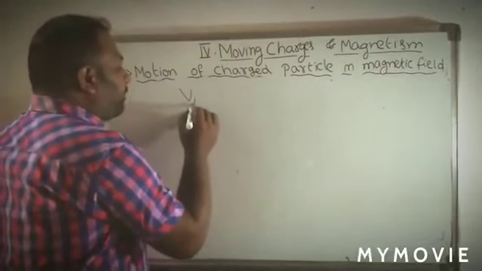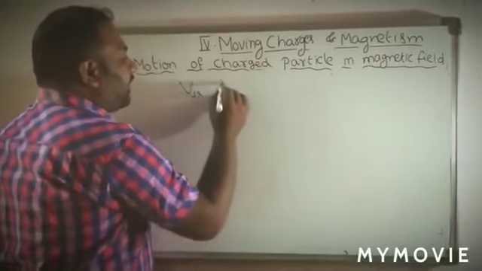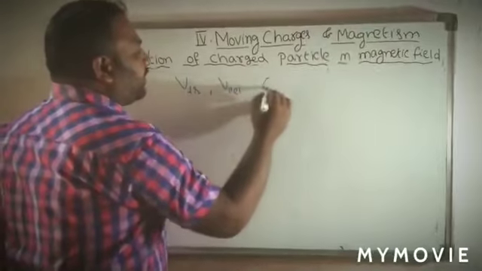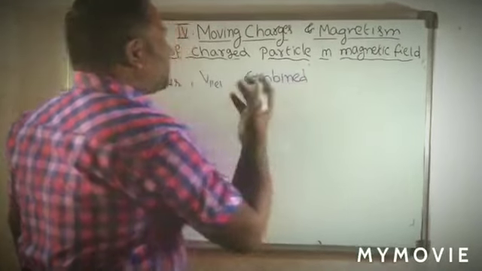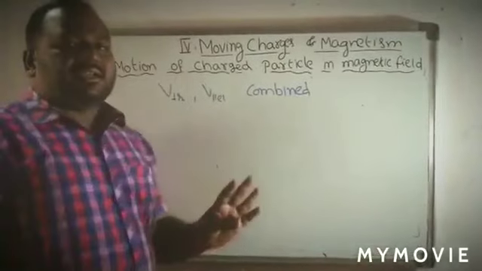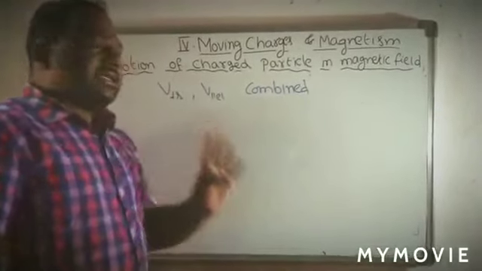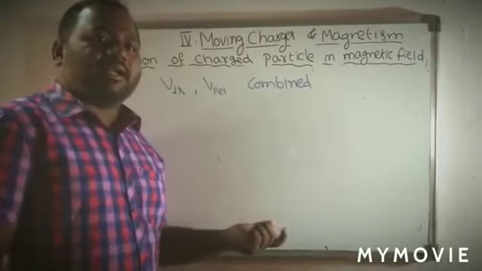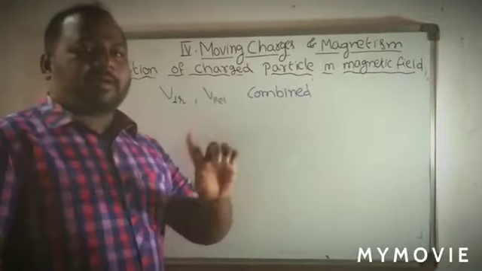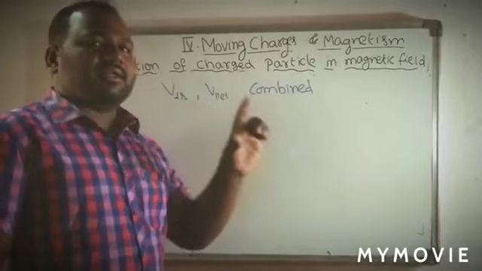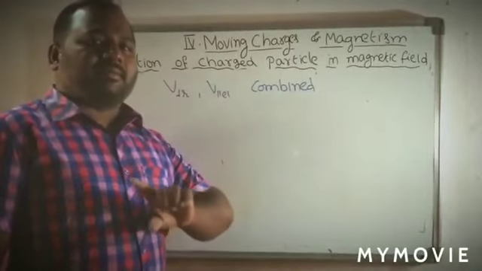The perpendicular velocity and parallel velocity are combined because these two velocities always exist. We do not have them individually. Generally, if you take any charged particle, that particle has both velocity components, perpendicular and parallel.